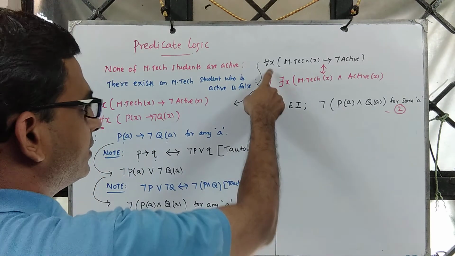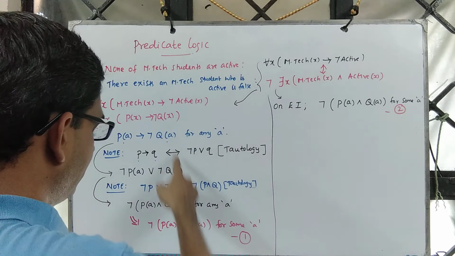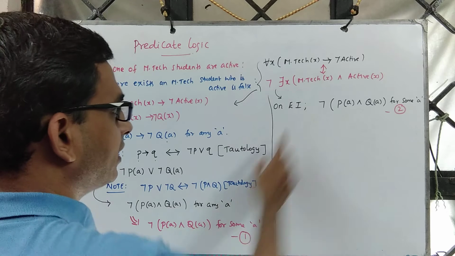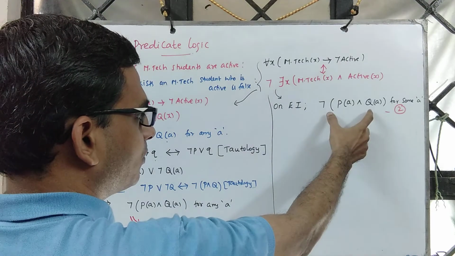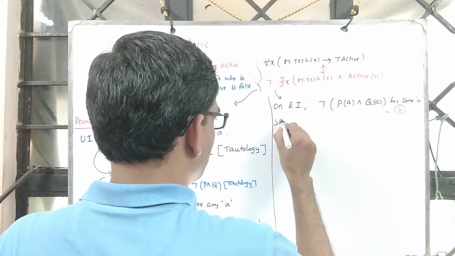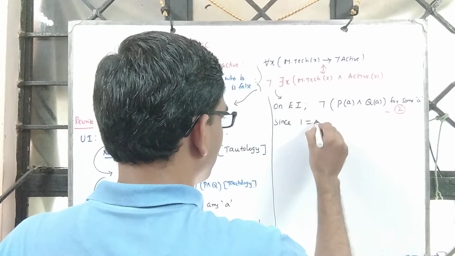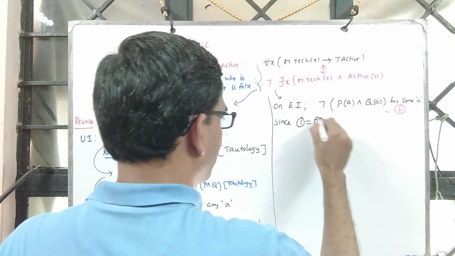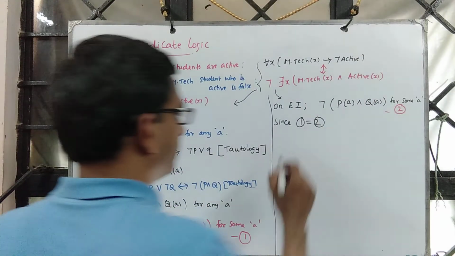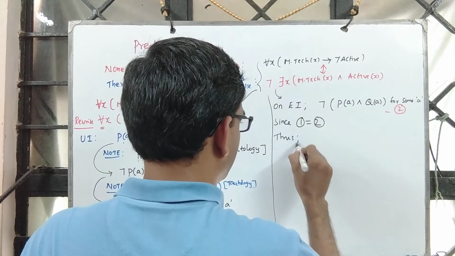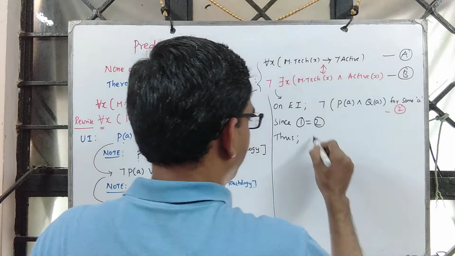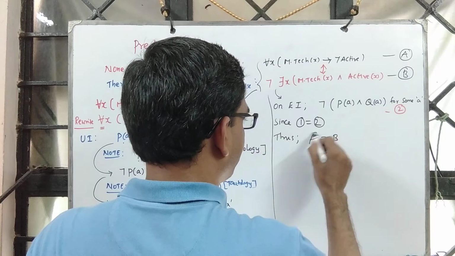So by taking this expression, we have simplified and arrived at this. Because this is a proposition, I need to instantiate, only then I'll get a proposition so that these two can be compared. Now since expression 1 equals expression 2, therefore these two are equivalent. Thus A equals B.